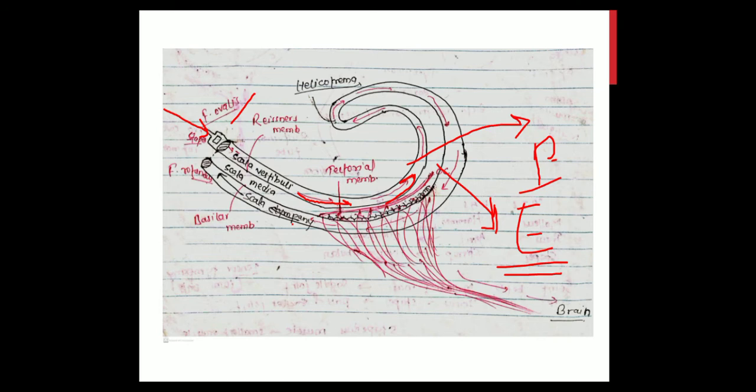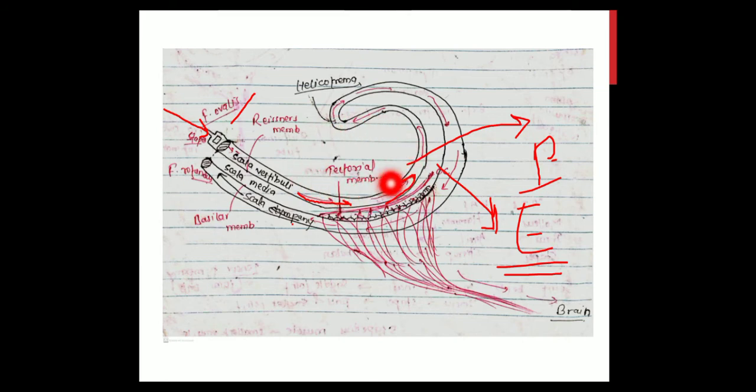Here you can see, whenever there are disturbances or vibrations in the endolymph, the charge influx takes place in the organ of Corti, in the hair cells, the stereocilia actually. Over the stereocilia there is another gelatinous membrane, which is called the tectorial membrane.